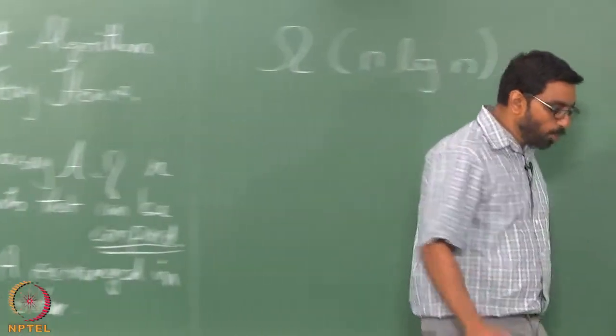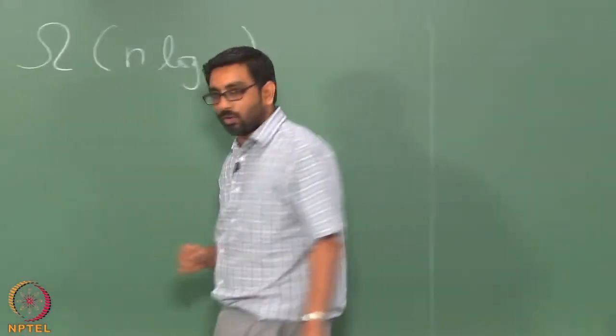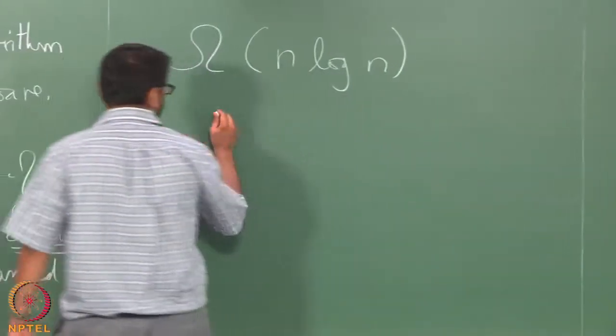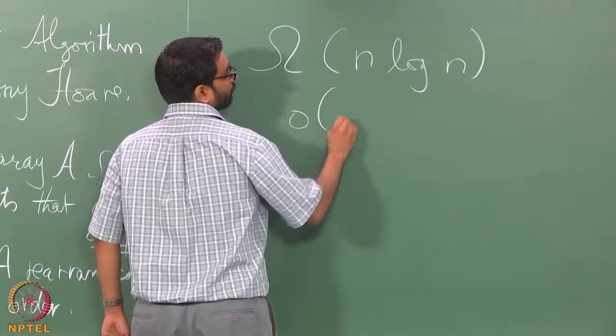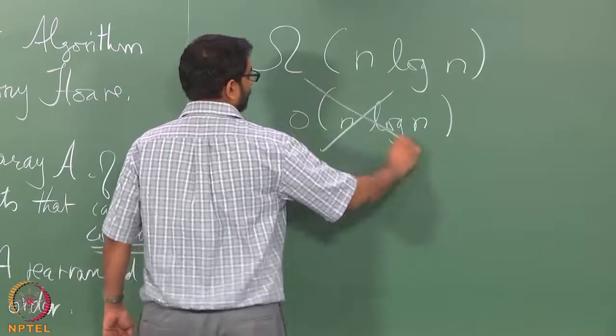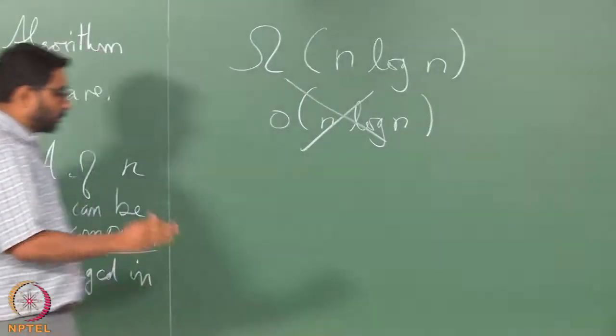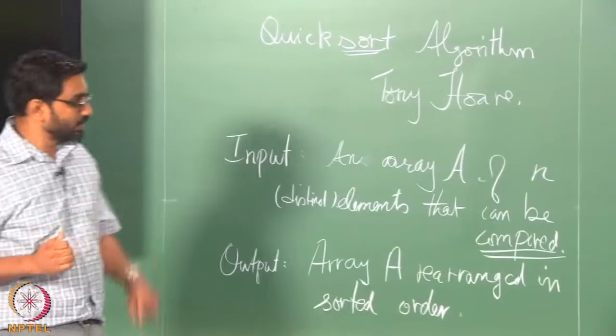So there is no hope of getting an algorithm that runs faster than n log n. In other words, an algorithm that runs in little o of n log n in this context simply does not exist. We know that, and so we have to live by this bound.